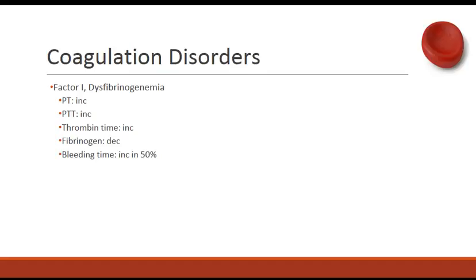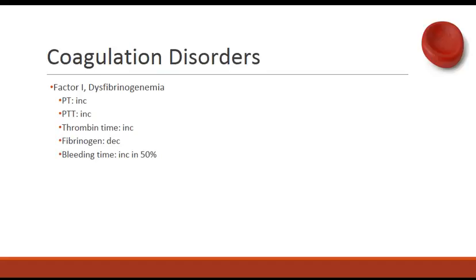For the laboratory evaluation, if you know which pathway the factor is found in, and if you know which pathway is tested in the PT and which is tested in the PTT, you can figure out what the results are going to be. And that's what I would do if I were you, instead of trying to memorize all of these results.